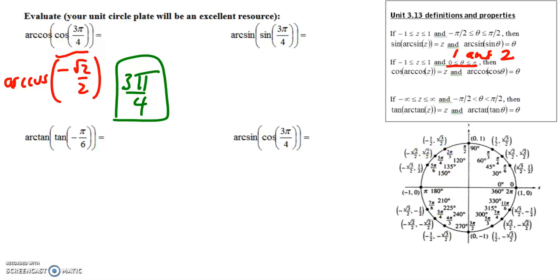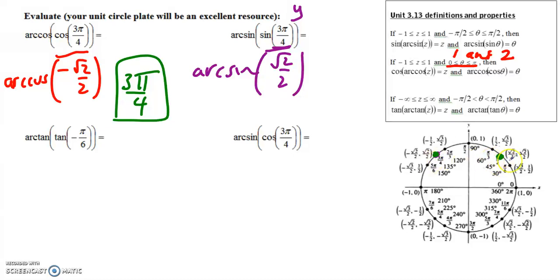I think in this next example you'll see what I mean. If we wanted to find the sine of 3 pi over 4, same angle, the sine, or the y value, is positive root 2 over 2, but now we have to take the arc sine of this. If I think about what angles have a y value of root 2 over 2, that is here and here.